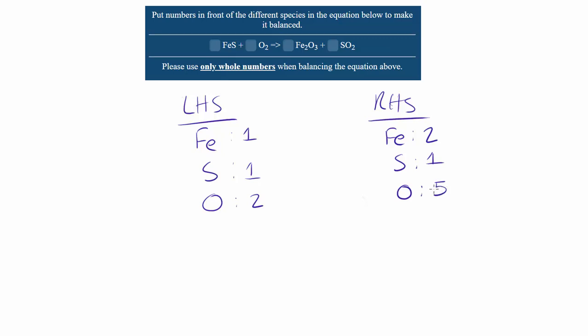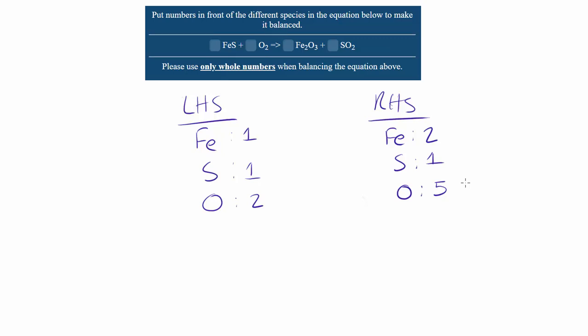Now, let's actually take a look at the results. What can we see? Although the sulfur seems to be balanced, the iron is clearly not. We've got 1 on one side, 2 on the other side. Oxygen is not balanced either.